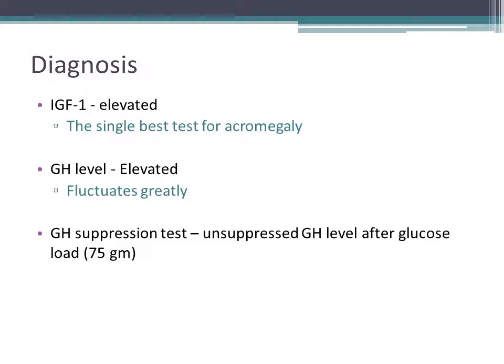In normal physiology, if you give glucose to a person, the glucose will suppress growth hormone release. This is the normal physiology. If you have somebody who has elevated growth hormone because of a tumor, you give them glucose, that tumor does not respond to physiologic stimuli or inhibitors. So the growth hormone will not be suppressed.